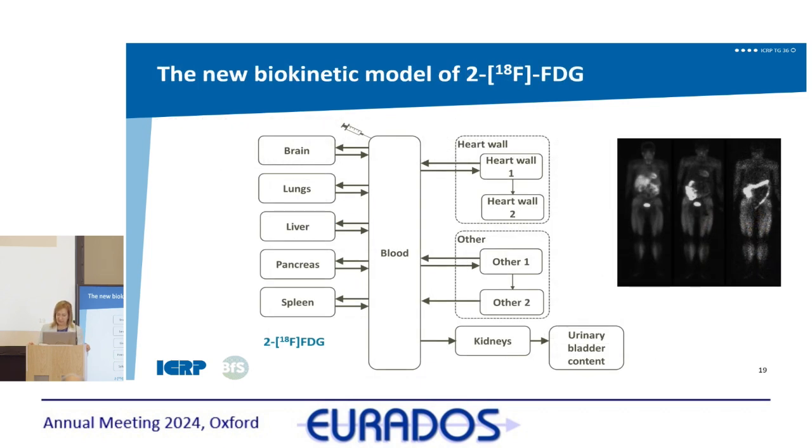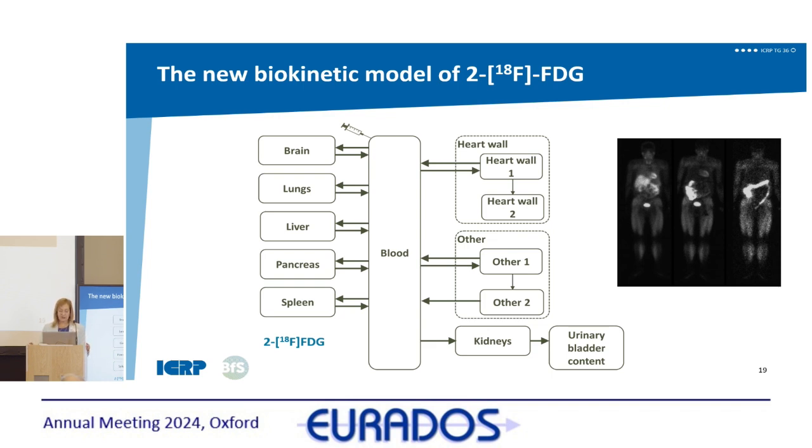The biokinetic models are a very important part of the work of this task group. So the goal is to move from the current descriptive biokinetic models to more physiologically realistic compartmental models. The descriptive models, like those used in Publication 128, simply indicate how much activity is deposited in an organ, and there's no real interaction between the different compartments.